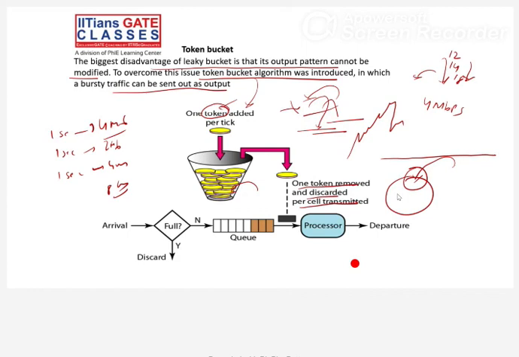In 26 seconds, how much data can we send? 26 times 4 is around 104 megabits. If you divide into bytes, 13 megabytes, that much data we can send as the output rate.